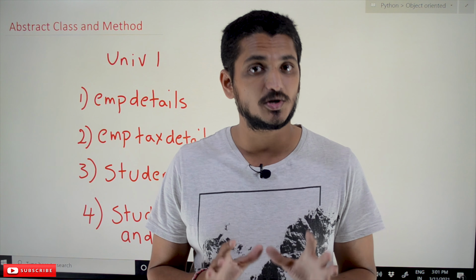This logic is based on University 1, which has a different logic. And we take one more class, class University 2, which also inherits the same class, University. Here also it has to implement this abstract method, student grade.